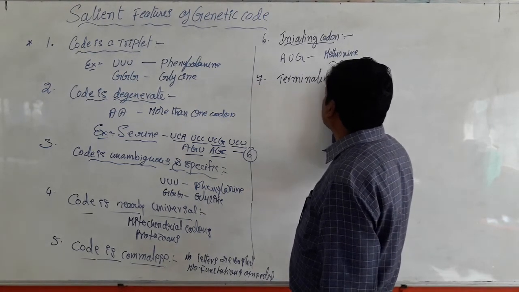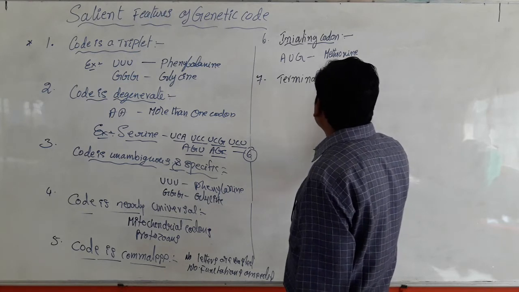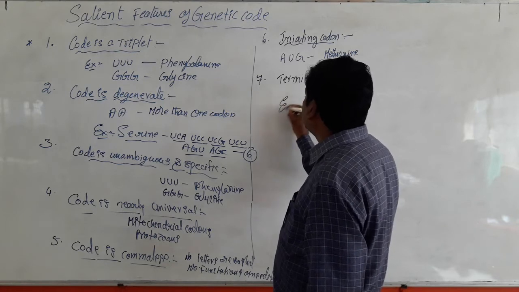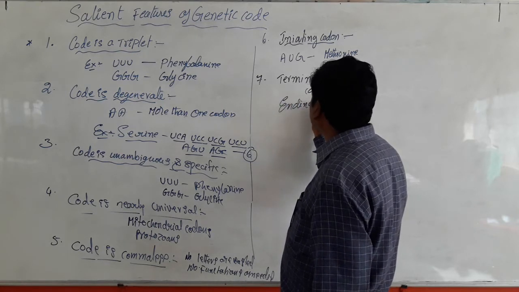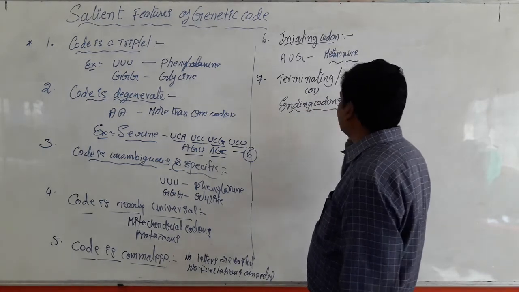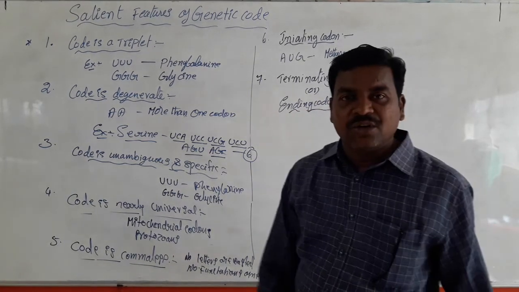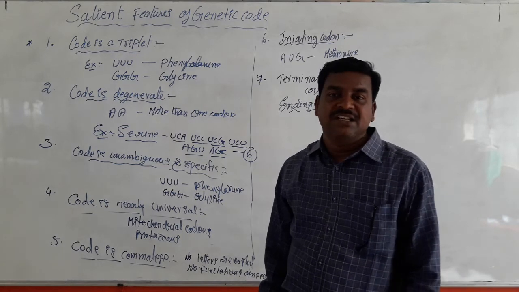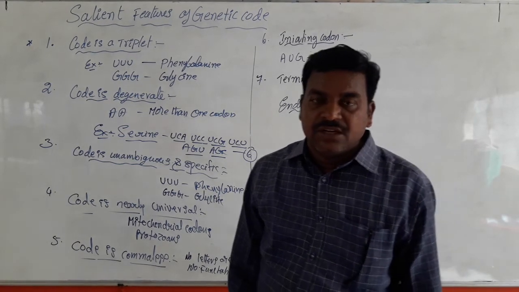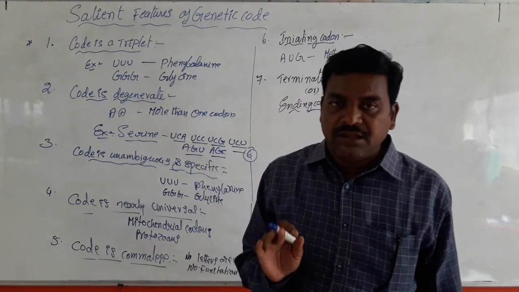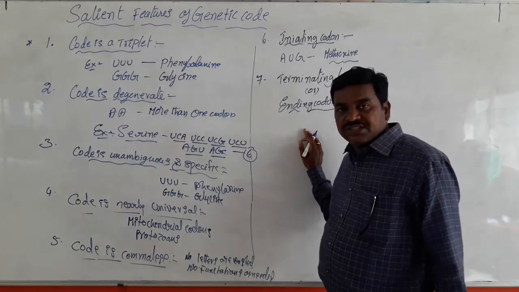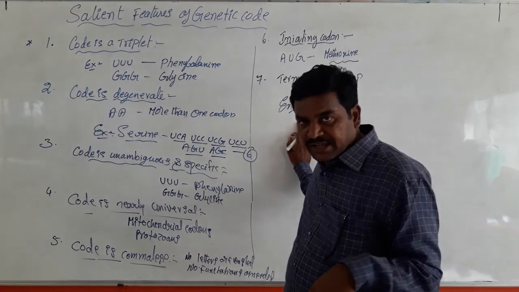And the next property is stop codons or terminating codons, also called ending codons. What are ending codons? How many ending codons are there in the codon dictionary? They are the codons which do not specify any amino acid.